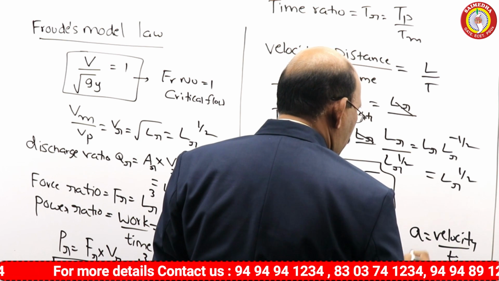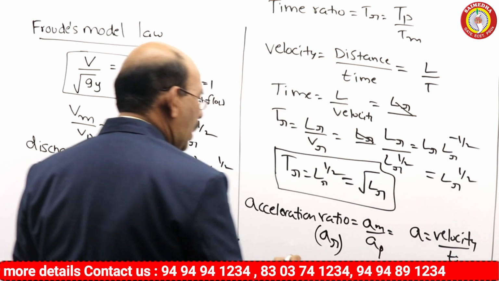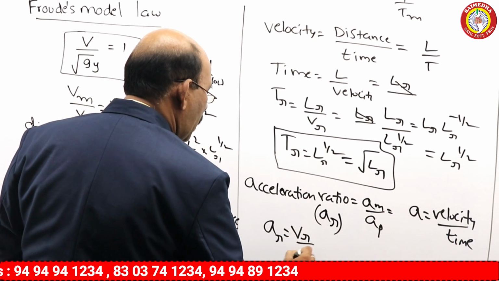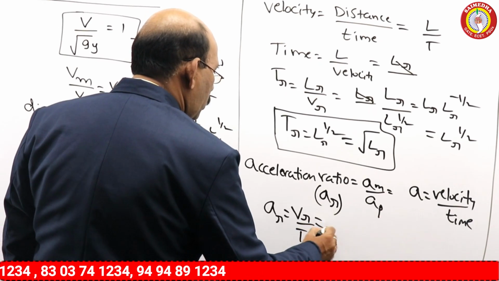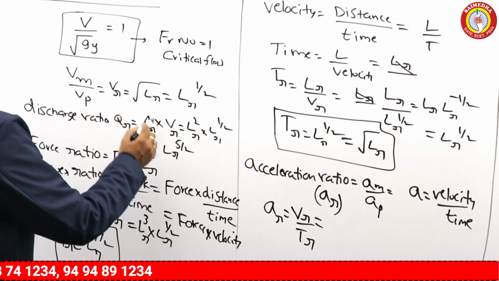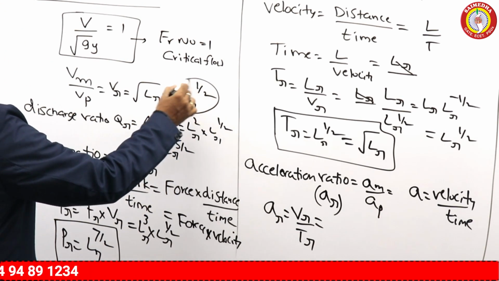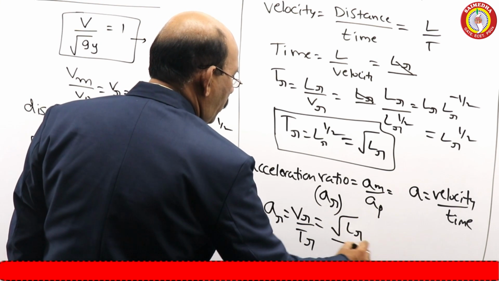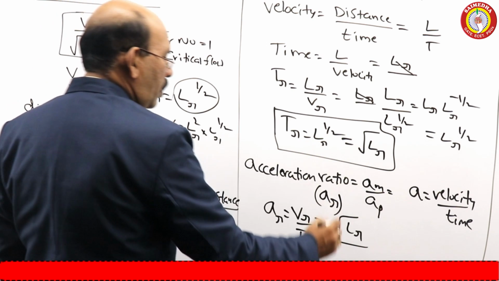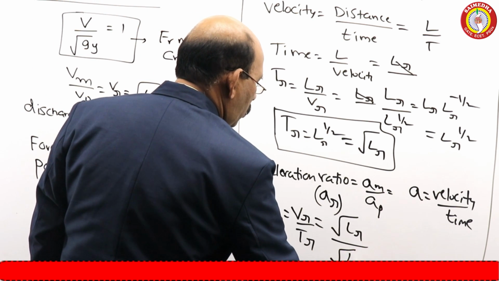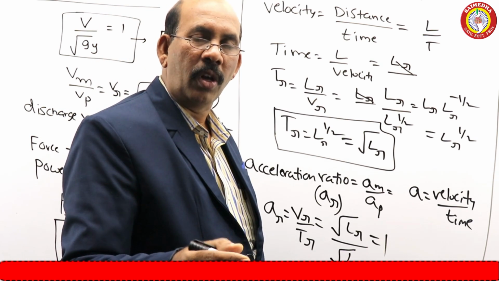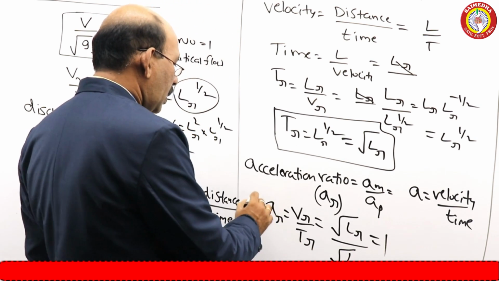Now we can write Ar is equal to Vr divided by Tr. The velocity ratio Vr is equal to Lr to the power of half, that is root Lr, divided by Tr, root Lr, which is equal to 1. So thus the acceleration ratio is equal to 1, a pure number.